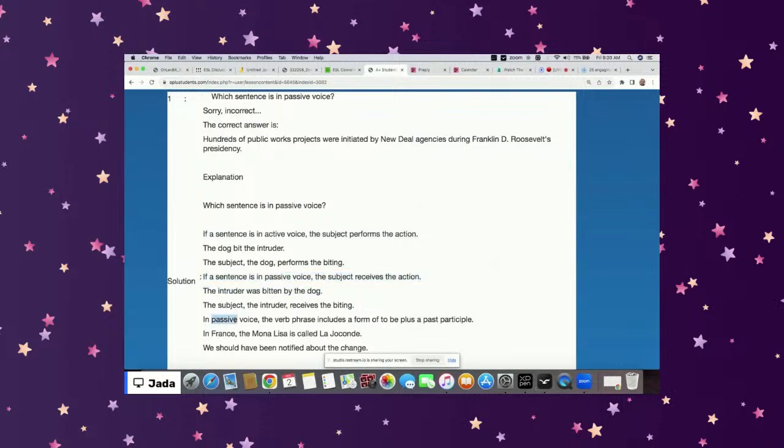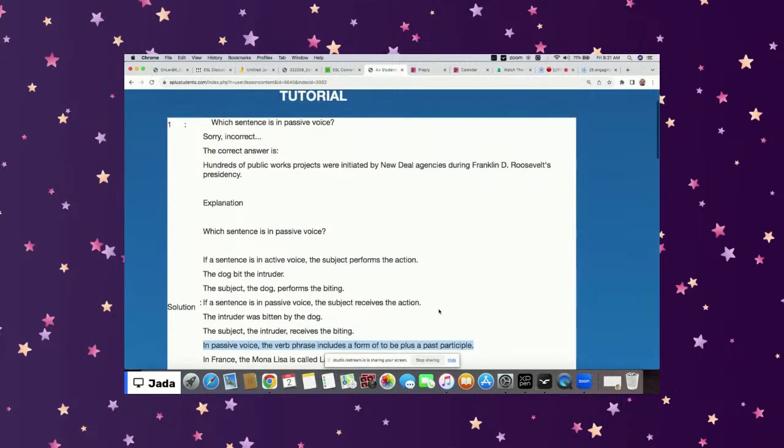In passive voice, the verb phrase includes a form of to be plus a past participle. Like in France, the Mona Lisa is called La Joconde. We should have been notified about the change.